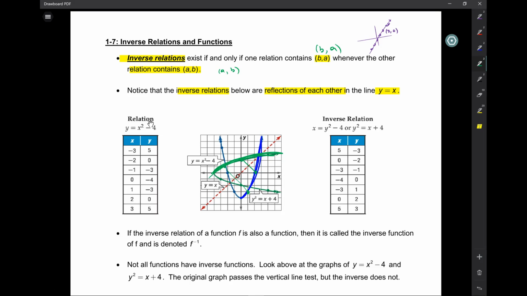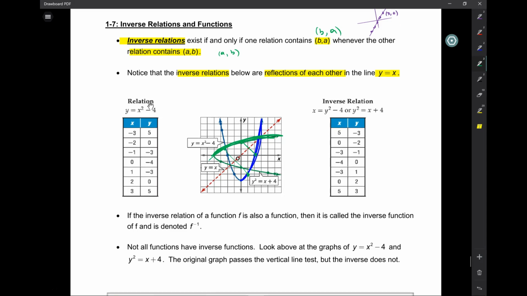If you take the reflection of this blue along this line, if this red line is a mirror, then look, this point, what's the mirror image along that line? Right there. This point here, the mirror image is right there. This point here, the mirror image is right there. You will map out that other one. So the moral is, we will do many examples. Two inverse relations are symmetric along the line y equals x.